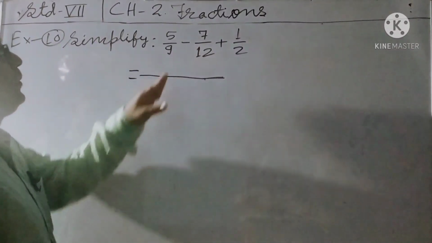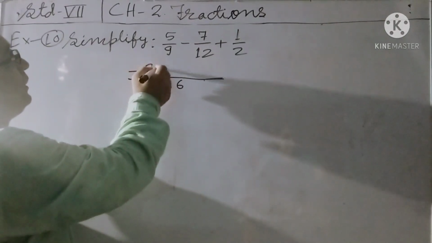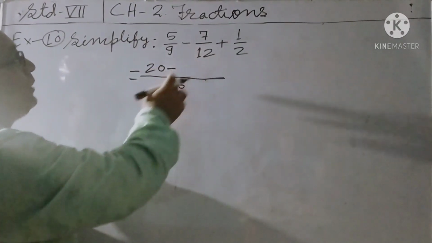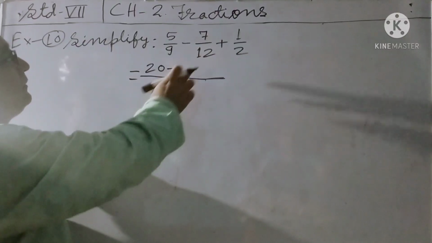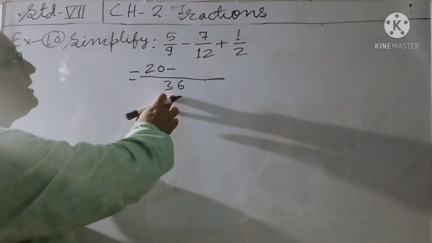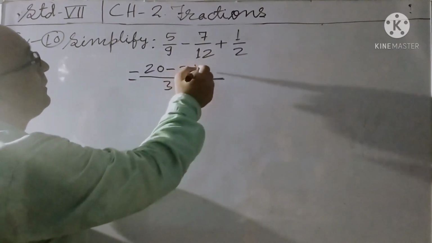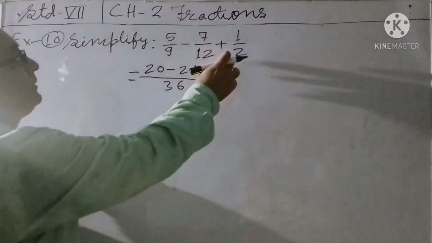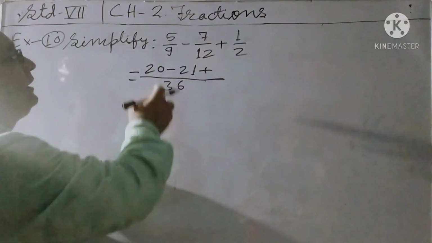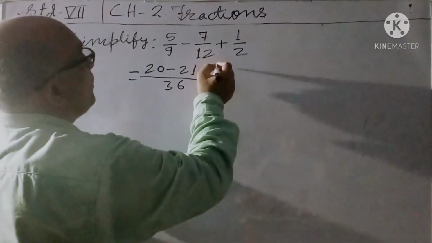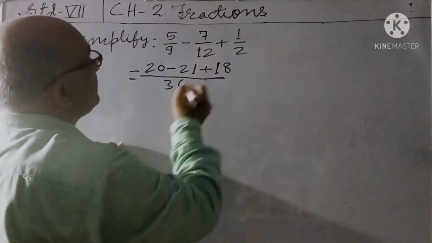The LCM of 9, 12 and 2 is 36. 9 fours are 36, so 5 fours are 20. Minus, 12 threes are 36, so 7 threes are 21. Plus, 2 eighteens are 36, so 1 eighteen is 18.